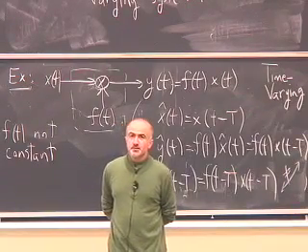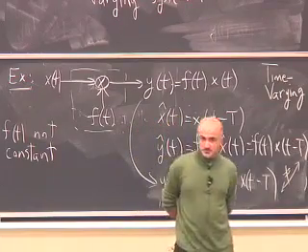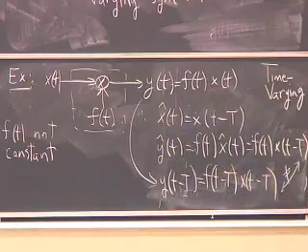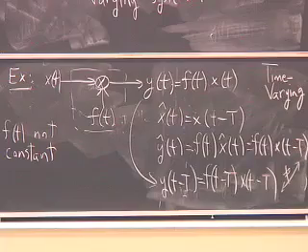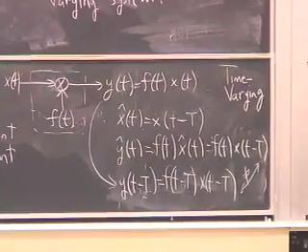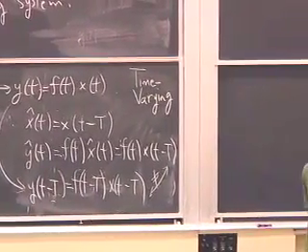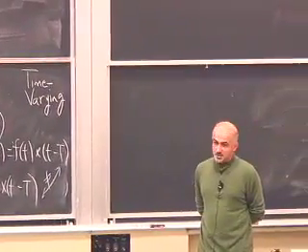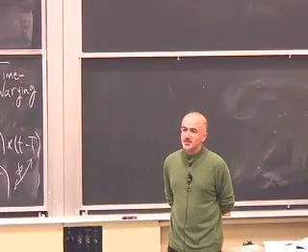Very good question. A capacitor or an inductor may or may not be time invariant or linear, depending on whether the capacitor has an initial charge or the inductor has an initial current. If the capacitor has no charge, then it's both linear and time invariant.